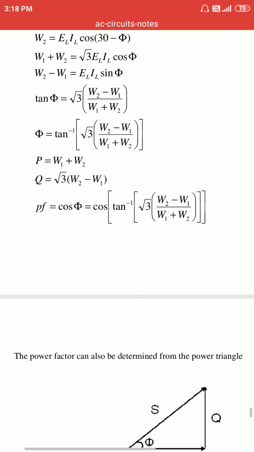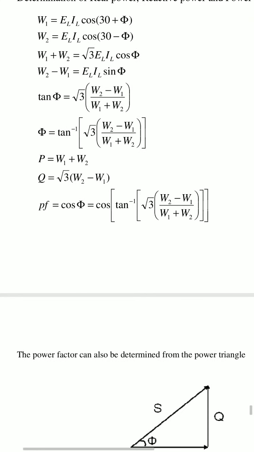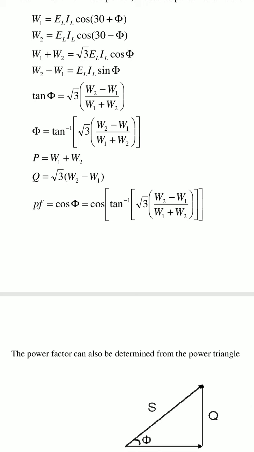So here the three-phase power P is equal to wattmeter reading 1 plus wattmeter reading 2. That is P is equal to W1 plus W2. Q is equal to root 3 times W2 minus W1.